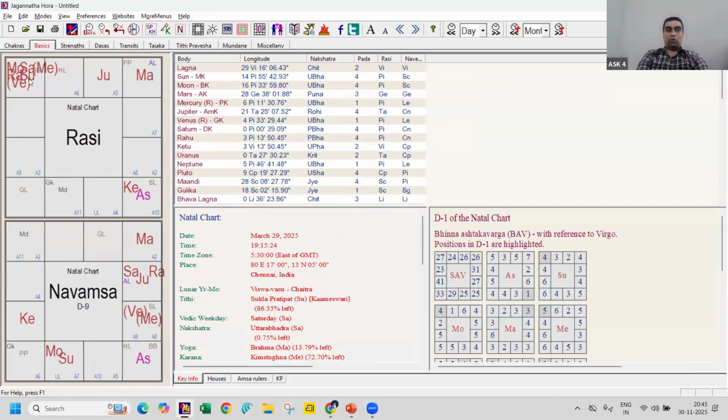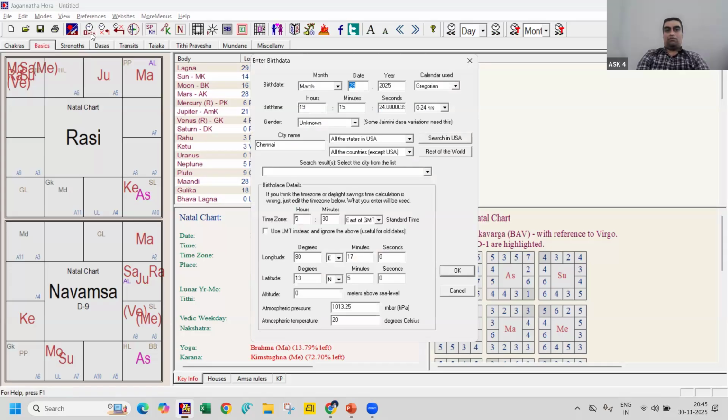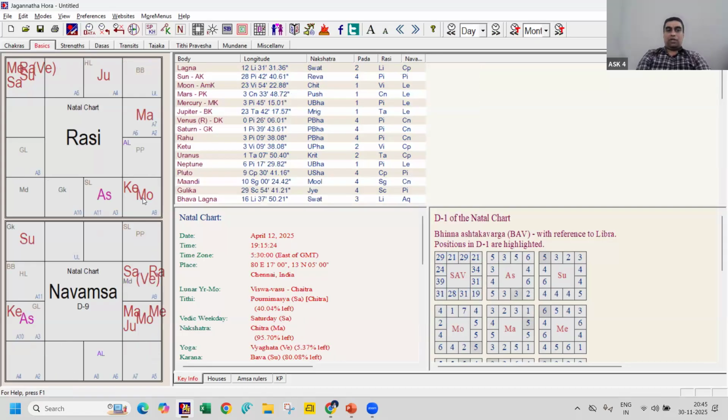This is the Amavasya, so the moon and the sun are at an angular separation of close to 0. However, if you fast forward 15 days, so let's take April 12th, you can see that this is a Paurnimasya, and then you see that the moon is actually in Chitra. So this is why it is a Chaitra Masa.